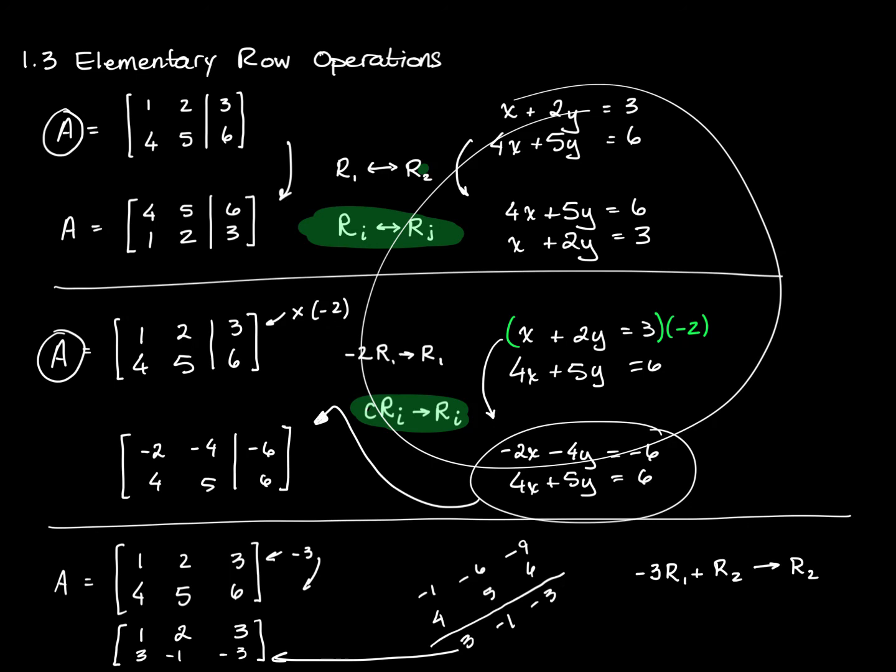In general terms, I can take any non-zero constant, multiply it by any row, add it to any other row, and put that in the position of either the ith or the jth row. So I've got i here and j here. I can put it in the position of either. Your textbook uses j, but you could replace either of the two rows you've manipulated with your new string of values.